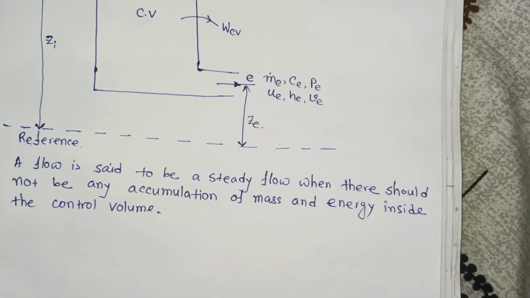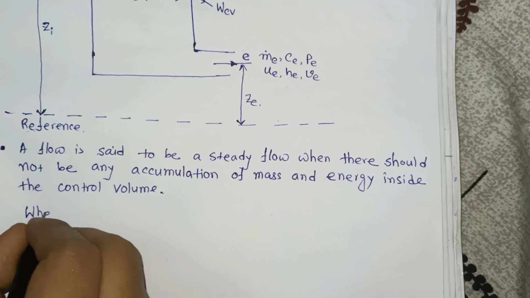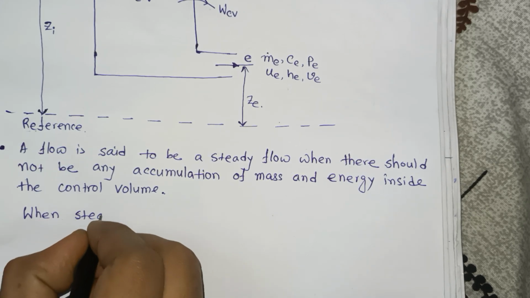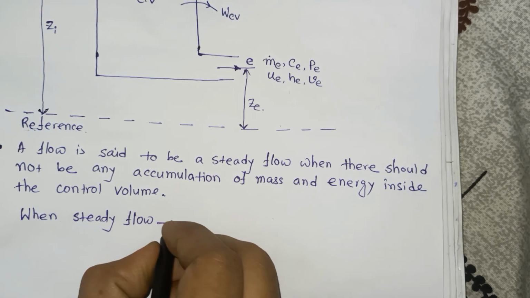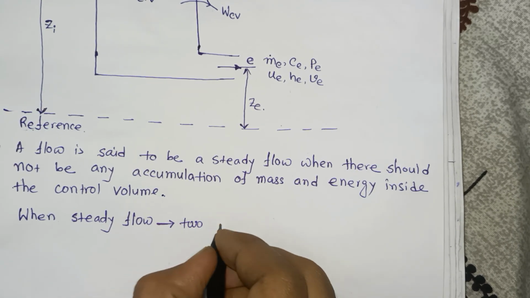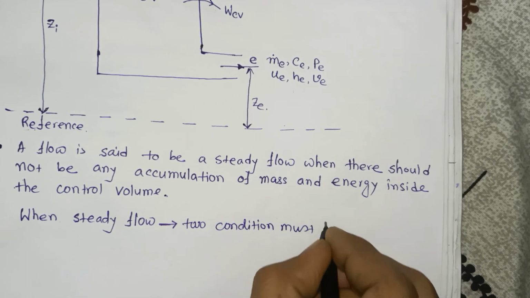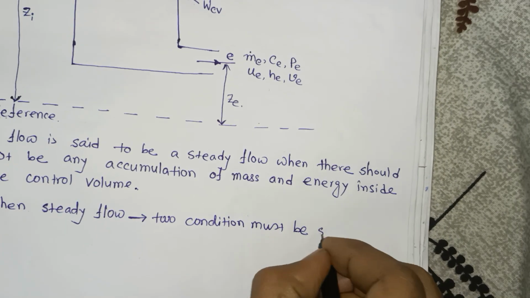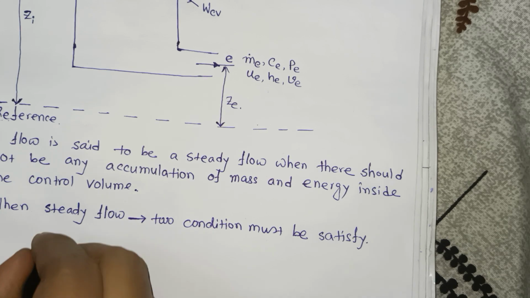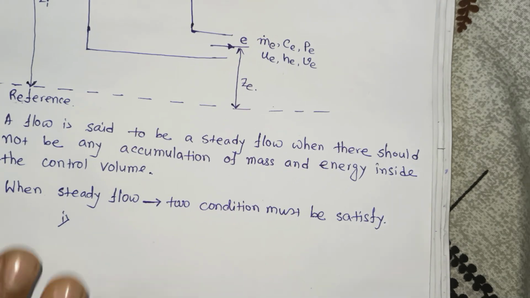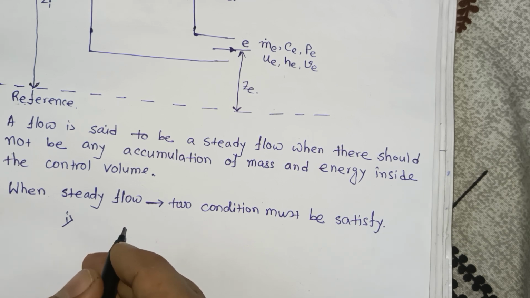When there is steady flow, two conditions must be satisfied. What are these two conditions? The first condition is that it should follow the conservation of mass, and the second is that it should follow the conservation of energy.